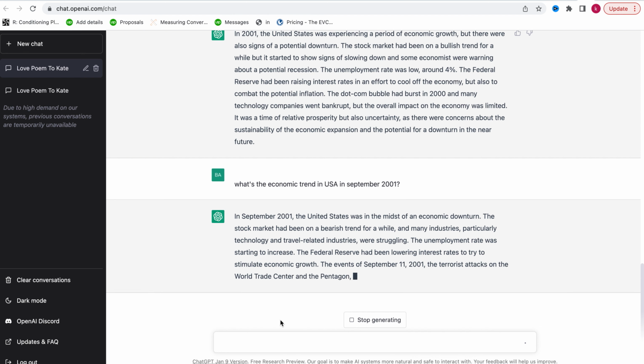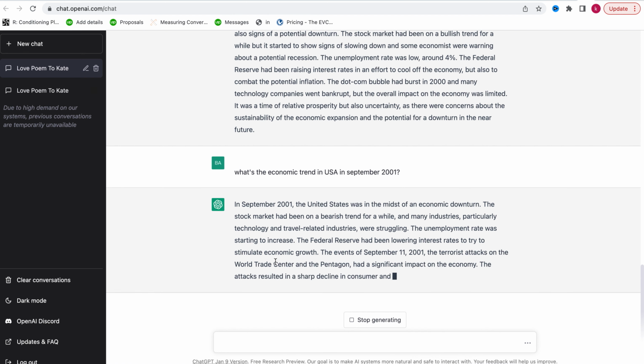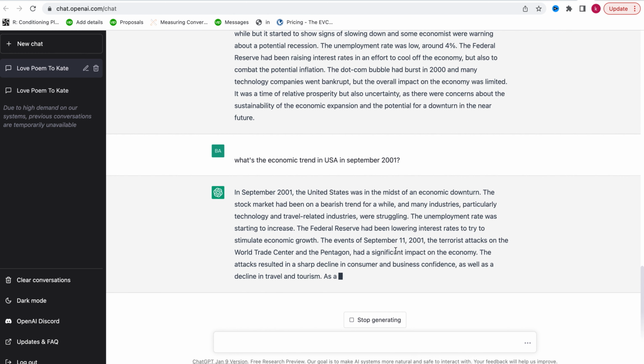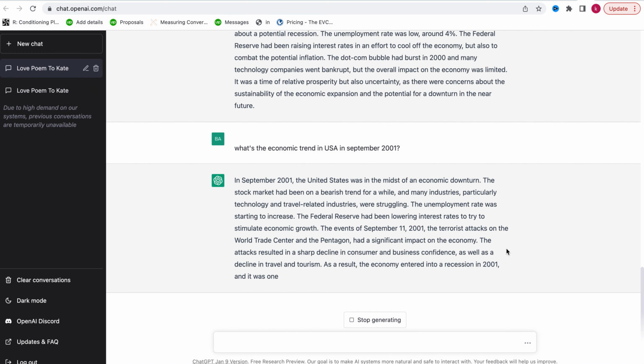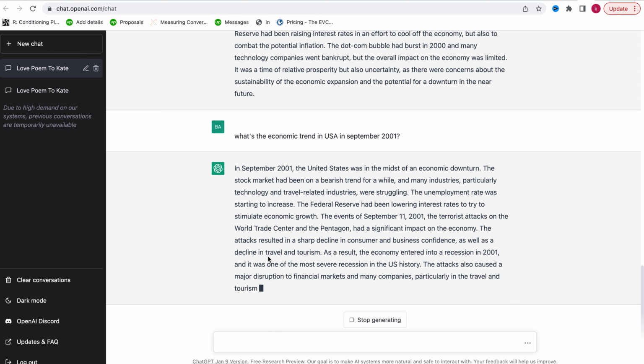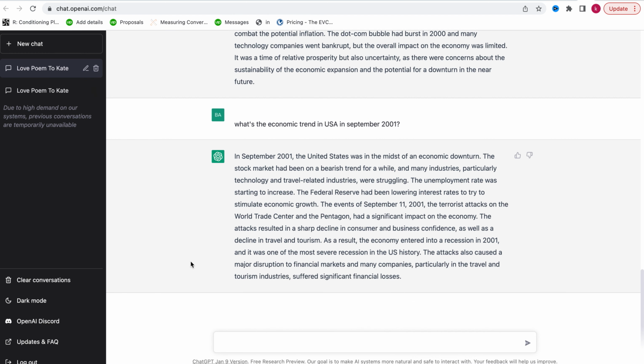Unemployment. The Federal Reserve has been lowering interest rates to try to stimulate economic growth. The event of September 11, 2001, the terrorist attack on the World Trade Center and the Pentagon, had a significant impact on the economy. So you have all these things unfolding. Everything has been shaping up here, and then you have all this information. And this is just based on the economy.